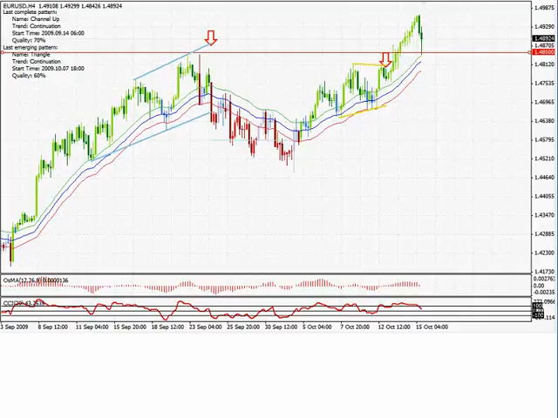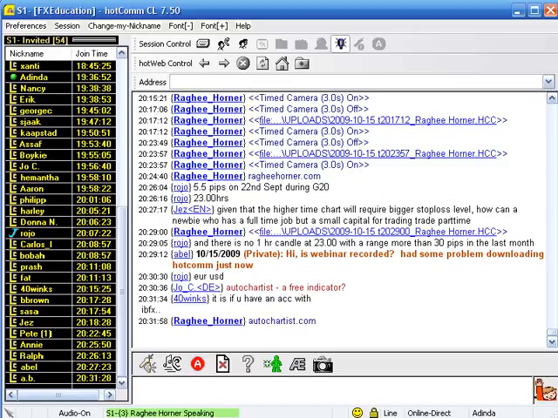As far as this indicator, no, it is not a free indicator. There are plenty of free indicators you can get at the MT4 database, but no, this is not a free indicator. You can get this from Autochartist if you're interested in automating your chart patterns on your MT4.